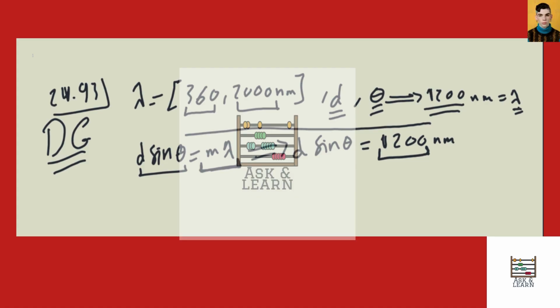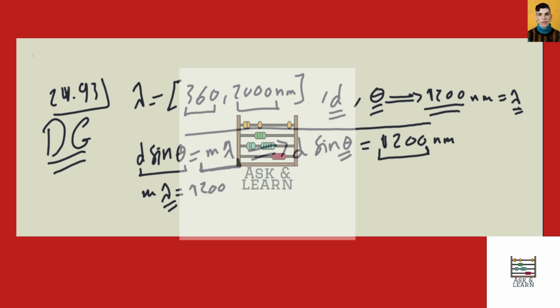So we're looking for other combinations of m lambda that will give us 1200 nanometers. Because m can only be an integer, m lambda should be 1200 nanometers in order for this lambda to be observed at the same theta.